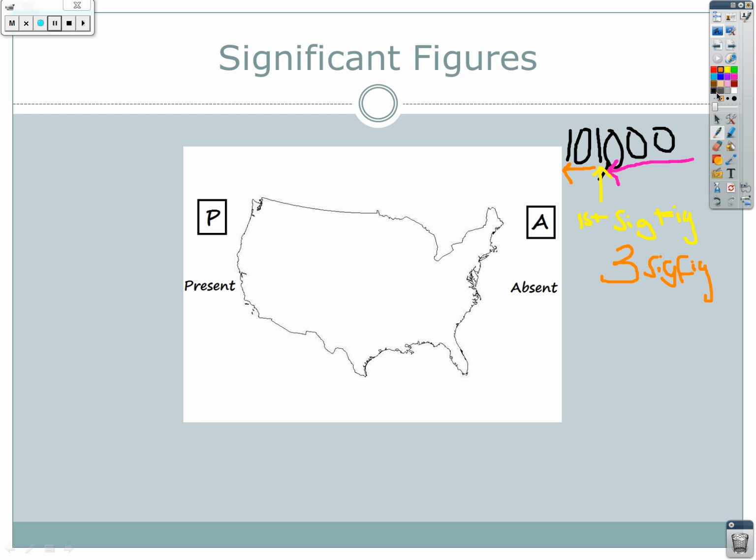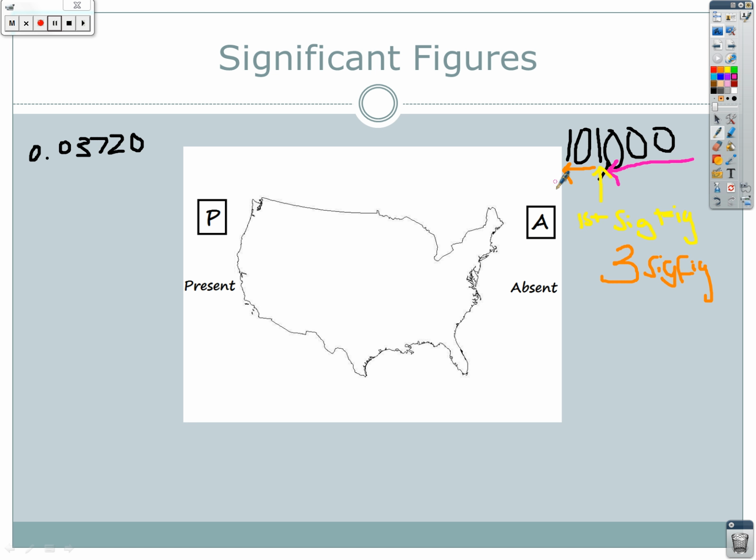Now let's wander on over to the Pacific side, or the present side. This is for any time you have a decimal place that is present. So if we had 0.03720, the question then is, how many significant figures does it have?